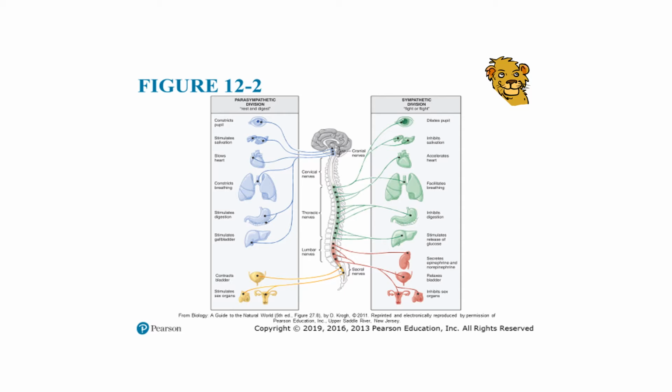And that is where the sympathetic chain is, and it's giving off sympathetic nerves to different organs as well. And if you look at the organs on each side, parasympathetic or sympathetic, they're very similar, right? They're acting on the same organs. They're stimulating or relaxing the organ, and they're having different actions on the organs.